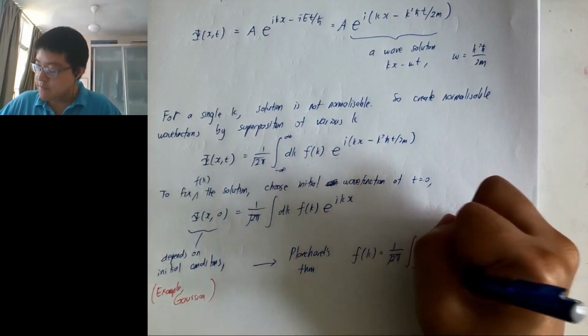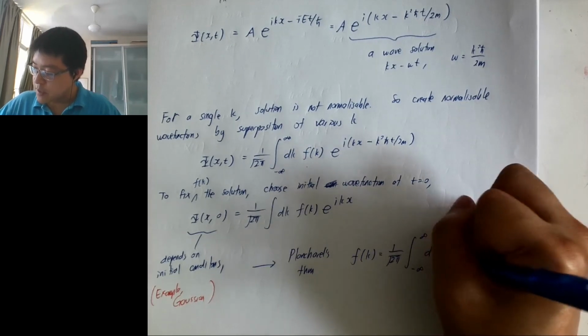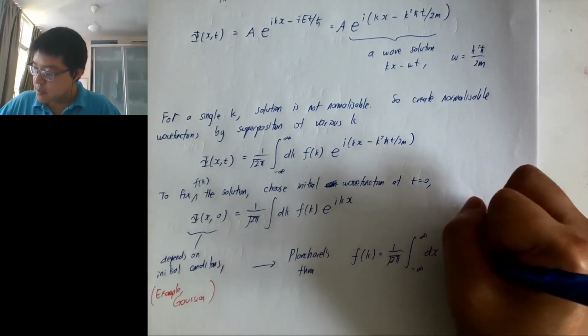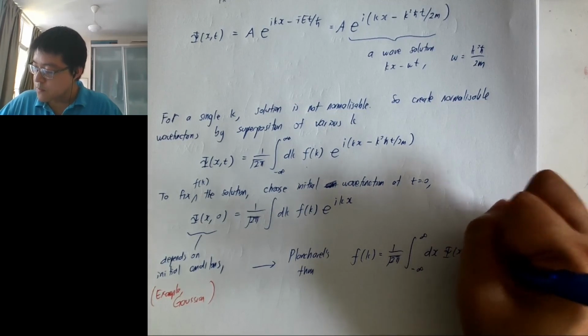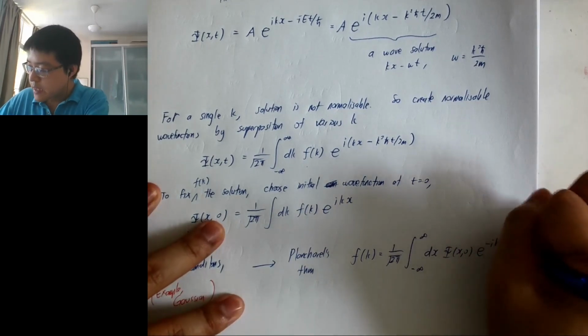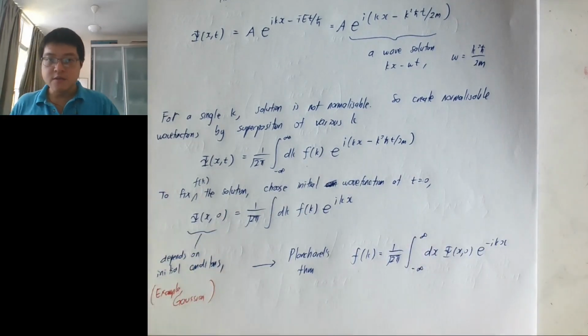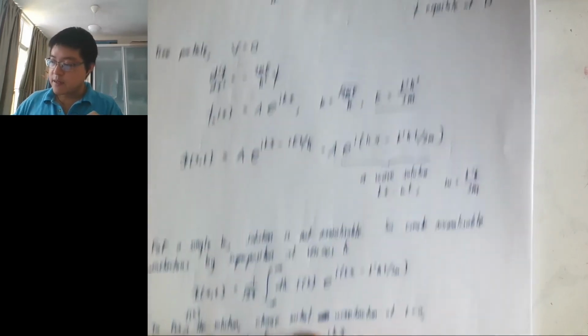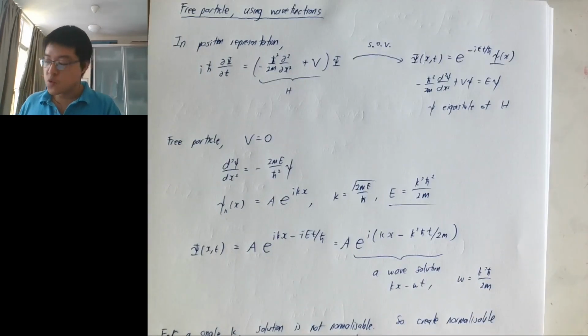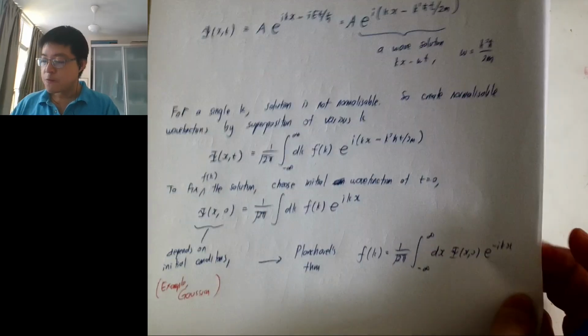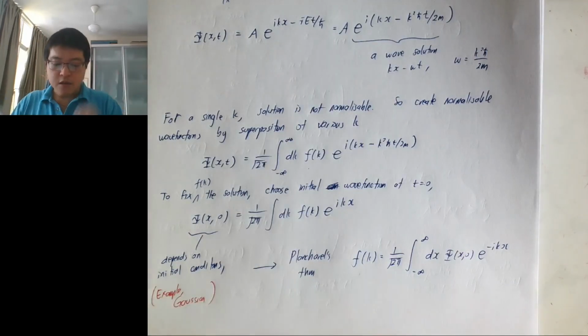This is the inverse Fourier transform, and f(k) is the Fourier transform: the integral over x of psi(x,0) e to the minus ikx. So that was the procedure to figure out my wave function given some initial configuration.